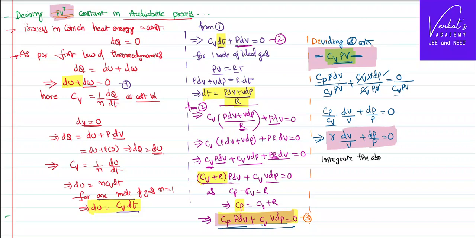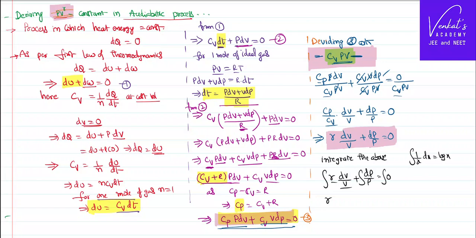Integrate the above equation. Integral of gamma dV by V plus integral of dP by P equal to integral of 0. Gamma is a constant and we have a formula: integral of 1 by x dx is nothing but log x.